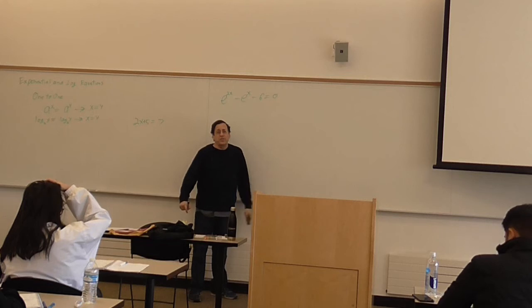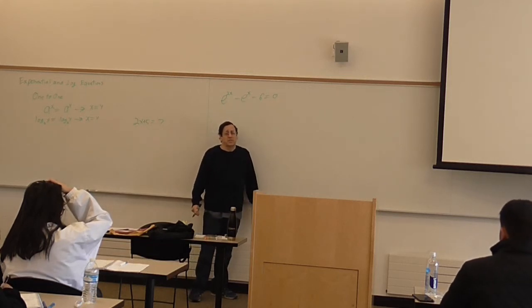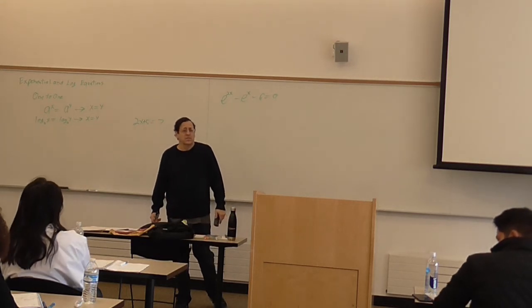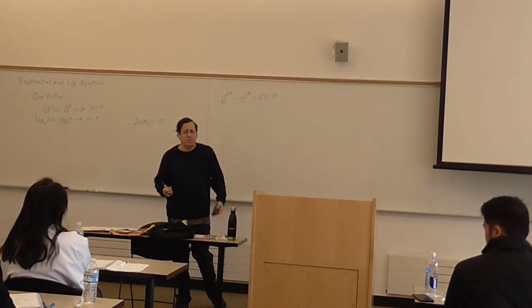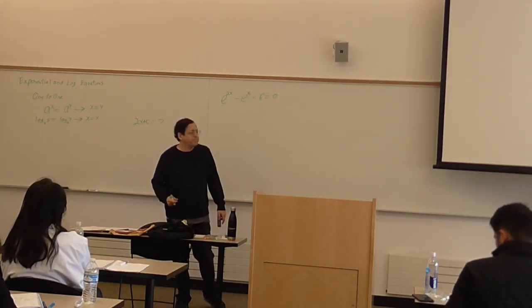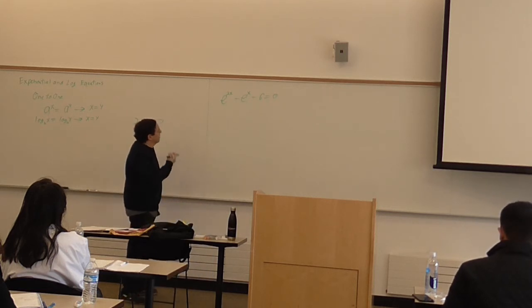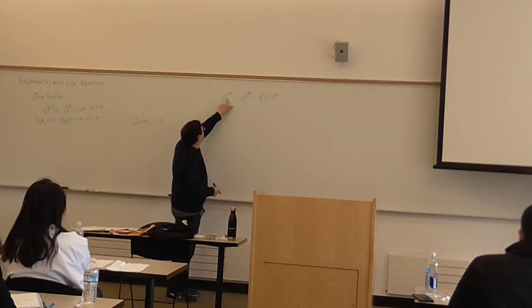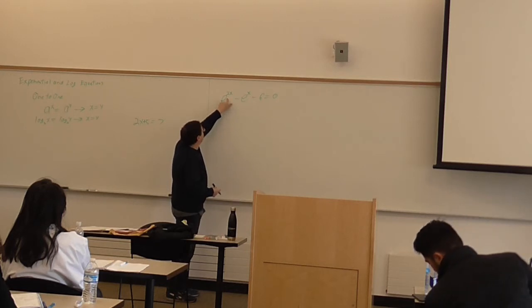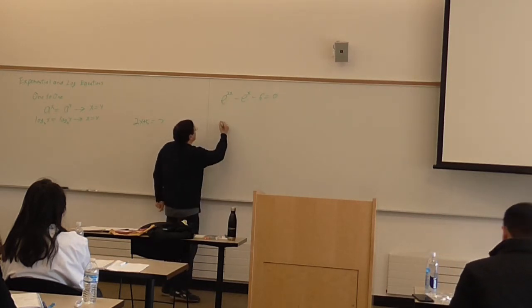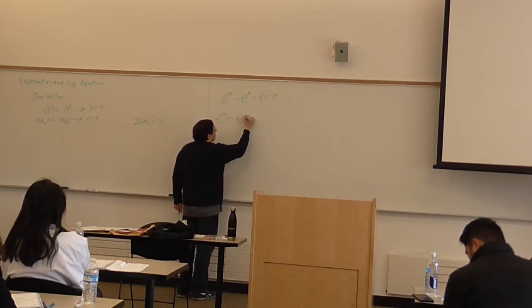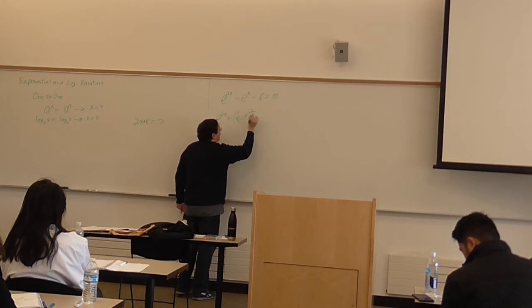And log of 0 is what? Log of 0 is undefined. So we need a different strategy. But we look and we see, this is e to the 2x, this is e to the x. e to the 2x is just e to the x squared.